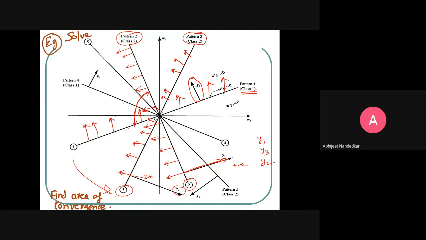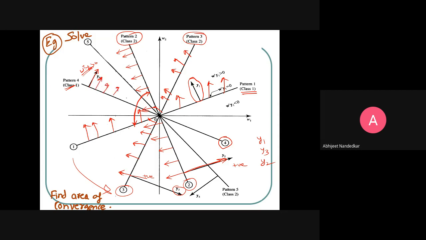Okay. Now let us present the fourth pattern. The fourth pattern is this one, and it is oriented like this. It belongs to class 1. That means W transpose Y4 must be greater than 0, so you should keep your weights above this line.